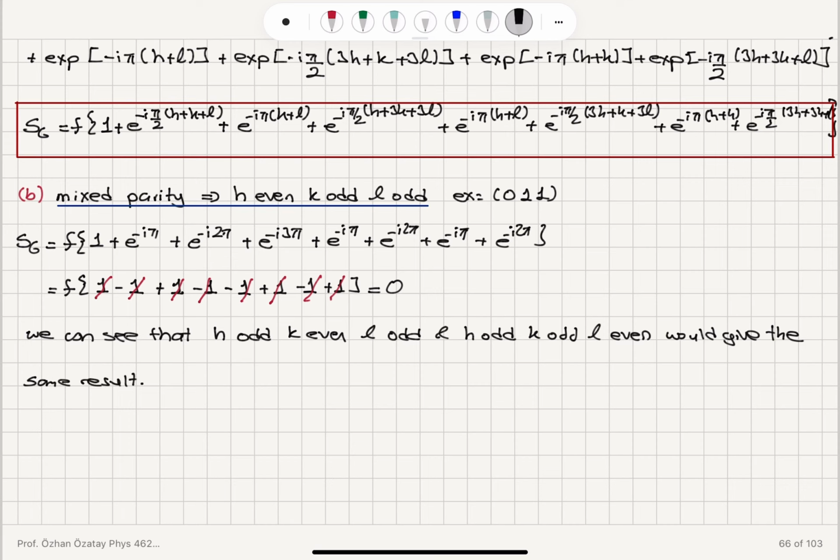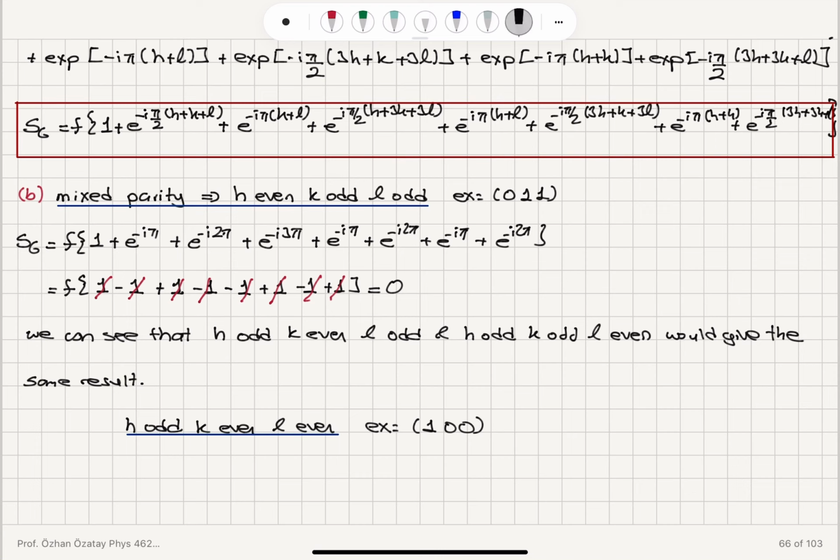Here is another example. H odd, K even, L even. For example, 1, 0, 0. Okay, so let's think about this scenario.